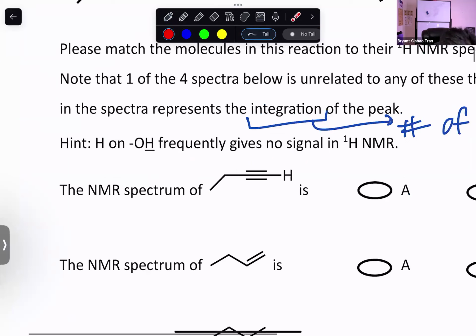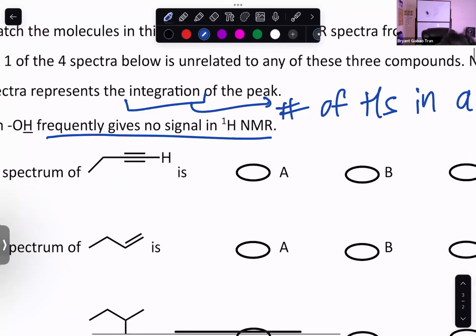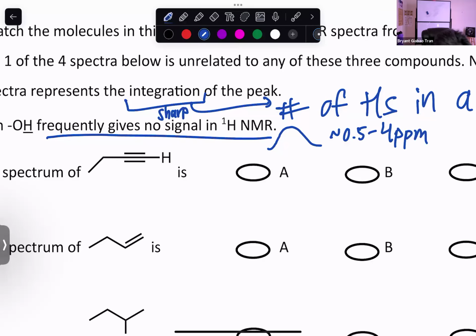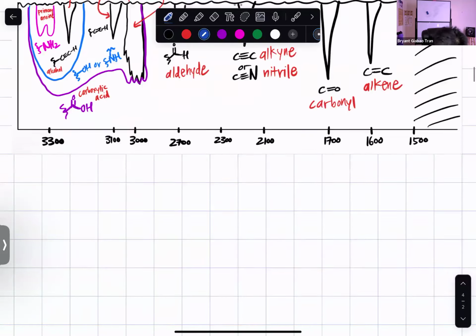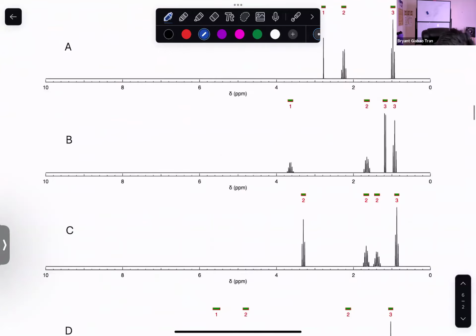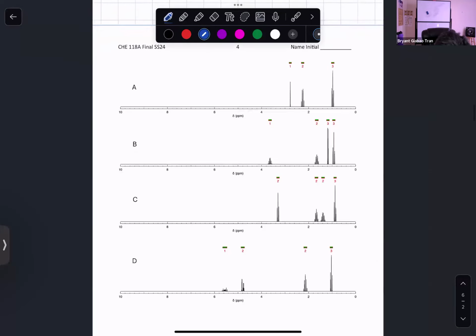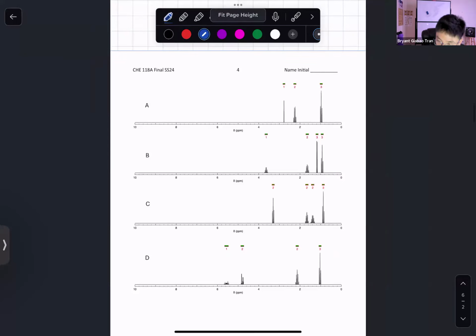So the hydrogen on OH tends to give no sharp signal on H NMR, but they do give a broad peak at around 0.5 to 4 ppm. Let's see if he includes that in his H NMR. Oh, yeah, he does not.